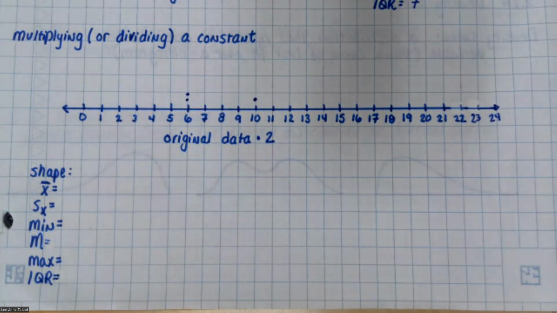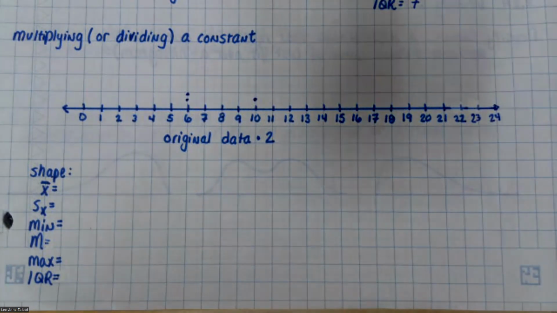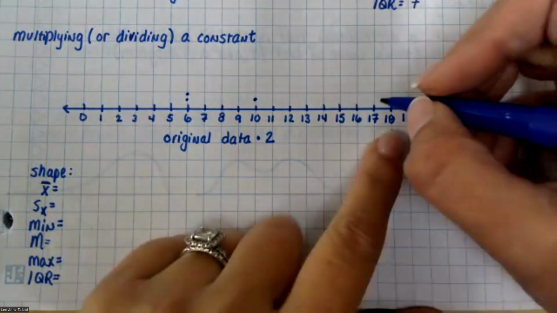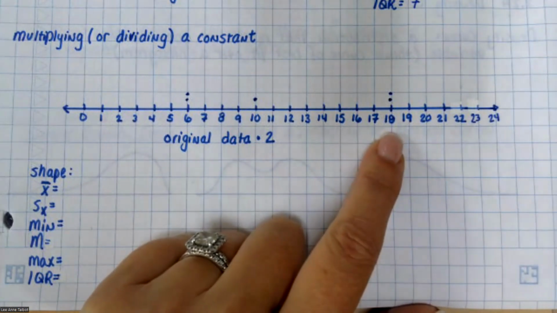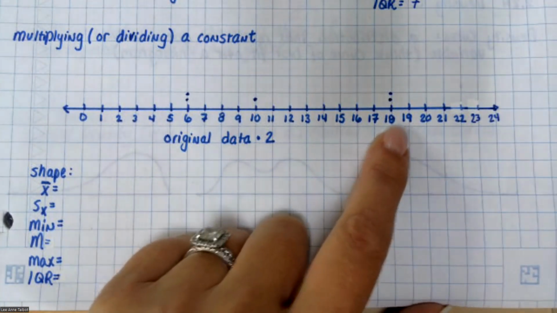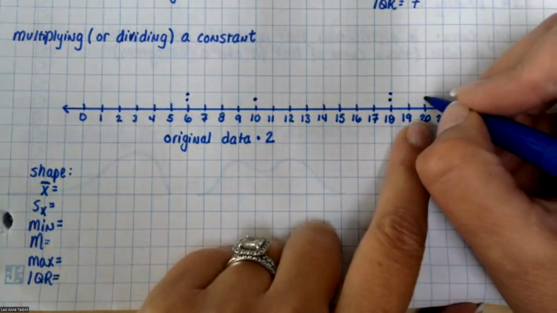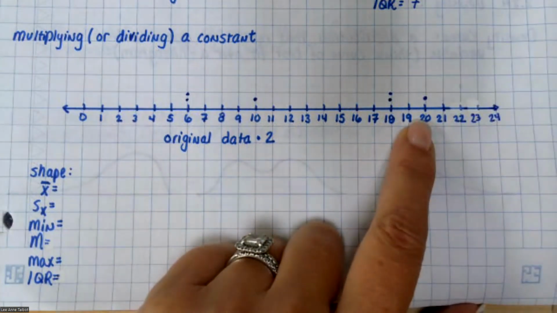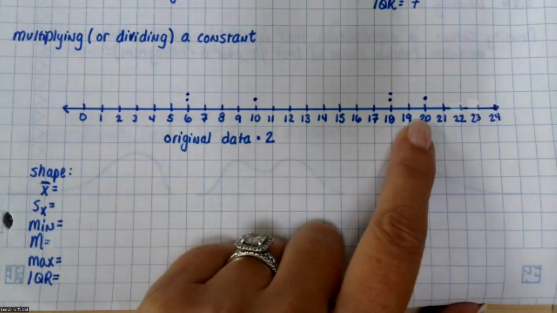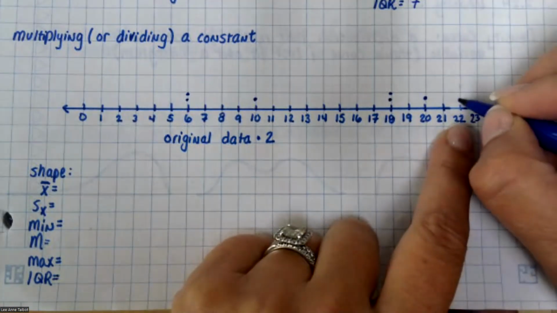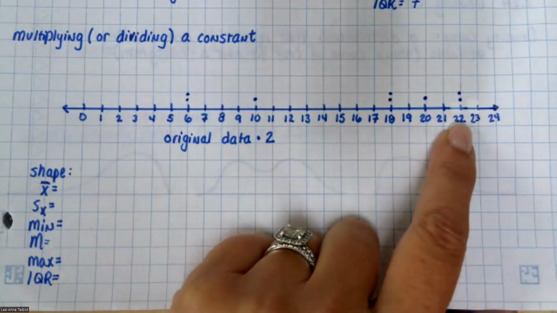You guys okay? My next roll was 2 9s. 9 times 2 is 18. My next roll was 1 10. 10 times 2 is 20. I had 2 11s, which would be 2 22s.